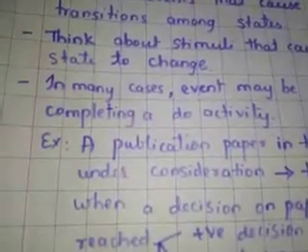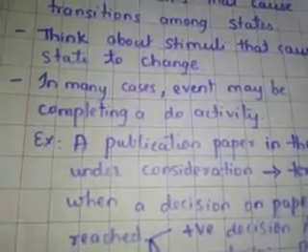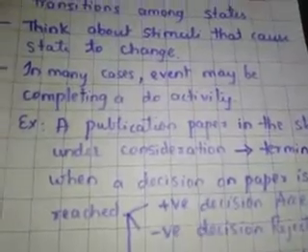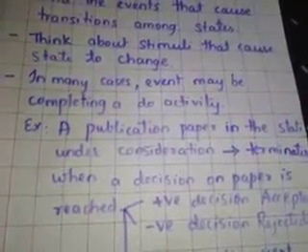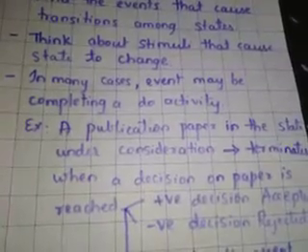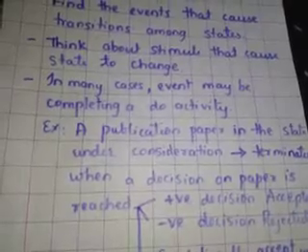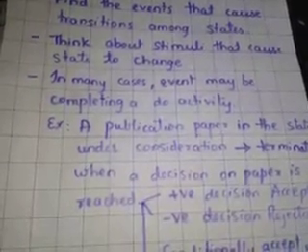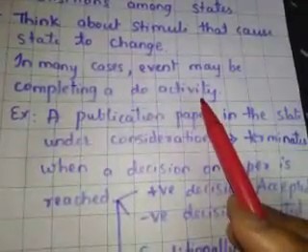I hope you remember we explained the do activity, which will extend for some period of time, and the example given was a Xerox machine that may be in the jam state when the paper is stuck. The blinking LED light will keep blinking until that particular jammed paper is removed. So it is doing the do activity.